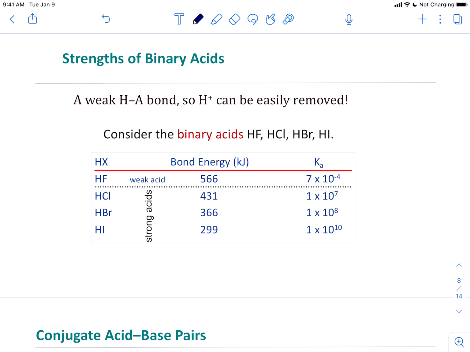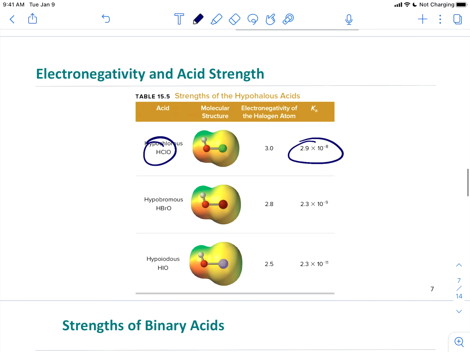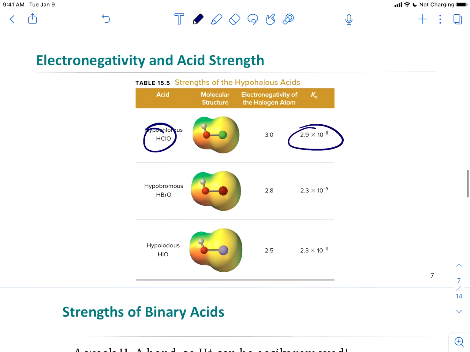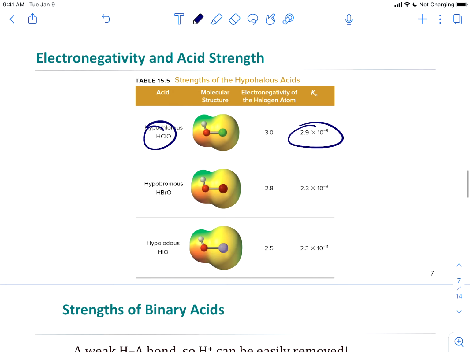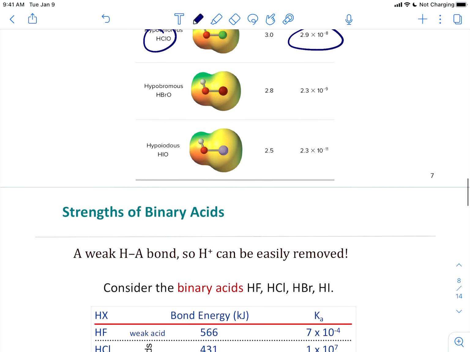Okay? With iodine being really large, that bond is weaker and you get a stronger acid. And that has to do with the electronegativity, but it's mainly because it's the exact opposite trend as this in terms of electronegativity. The higher electronegativity here is the stronger acid. That's because the hydrogen is not bound to the halogen.